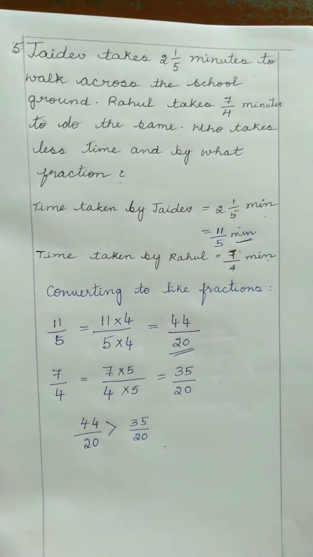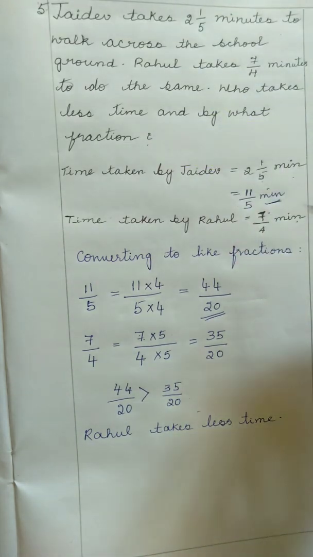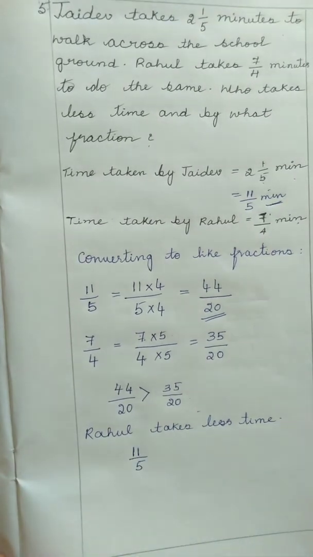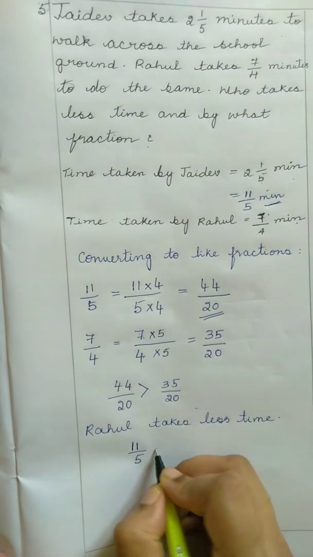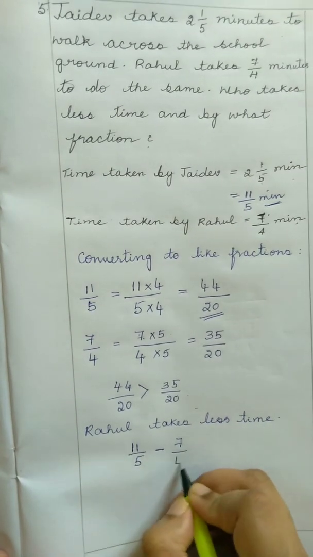Therefore, Rahul takes less time when compared to Jaidev. Next, we need to find out by what fraction. Therefore, let us take the fraction 11 by 5, which is the time taken by Jaidev, minus 7 by 4, which is the time taken by Rahul.